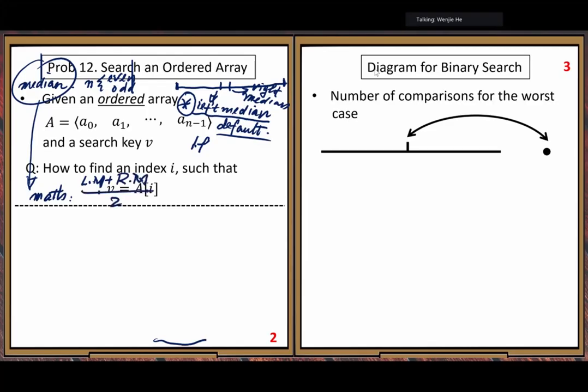That's the math way. We cannot take this formula. In computer science, this formula will cause a big problem. We don't want to use this formula. Why? Because if you use this definition, then the median will not be one of the elements in the array.